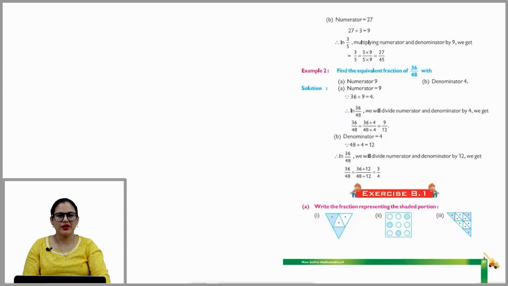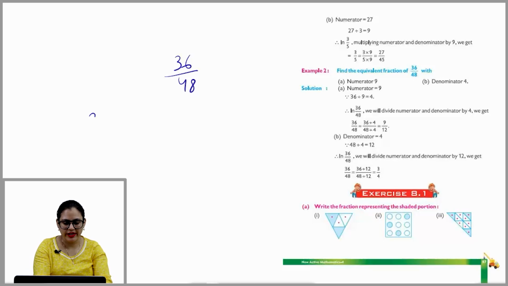Example 2, find the equivalent fraction of 36 by 48 with A, numerator 9. So what will you do? We will divide 36 by 9. You will get 4. That means you have to divide this by 4 and this also by 4. So you will get 9 by 12.